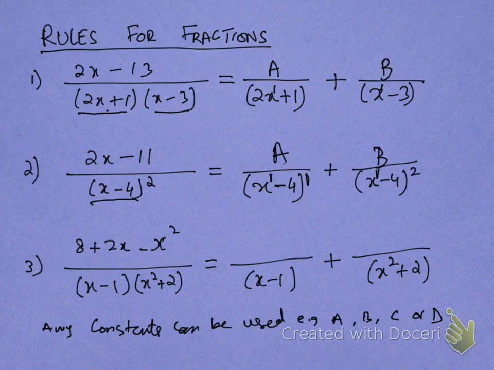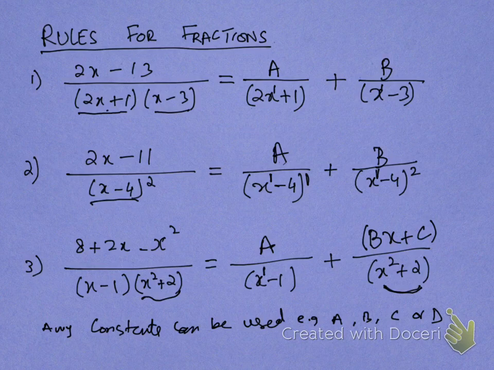For a quadratic factor in the denominator, write a linear factor in the numerator. This x square plus 2 is a quadratic factor, so we must have a linear factor in the numerator.